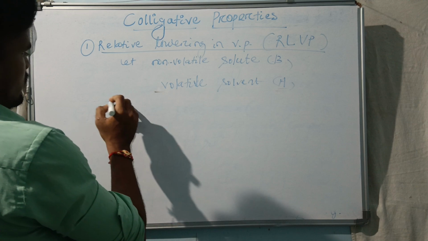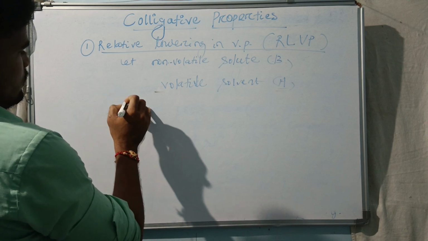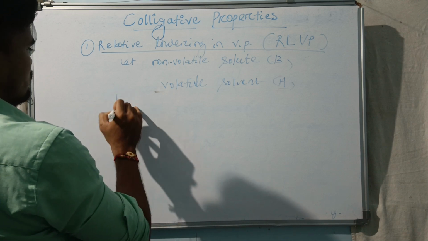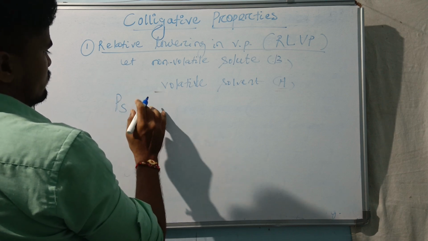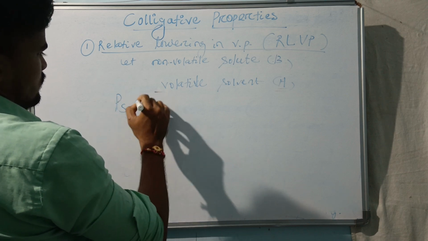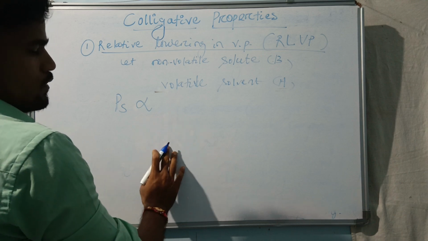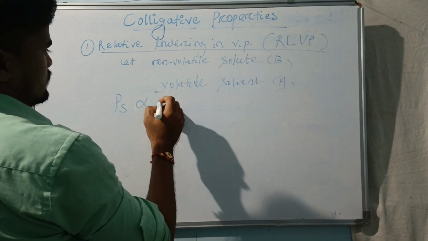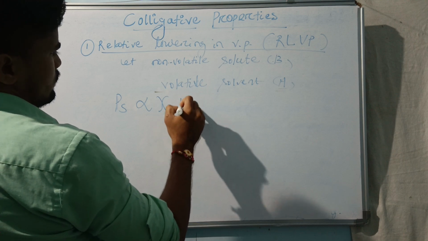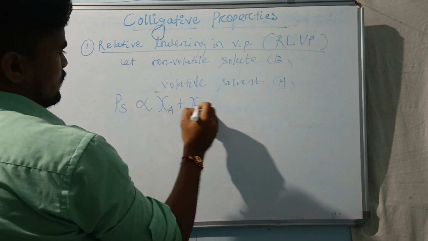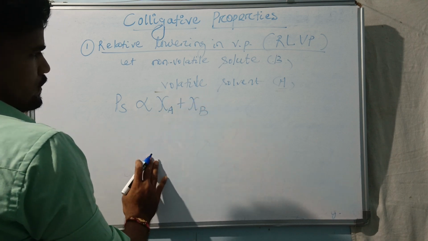According to that, the pressure of the solution is directly proportional to the mole fraction of these components, that means chi A plus chi B, right?